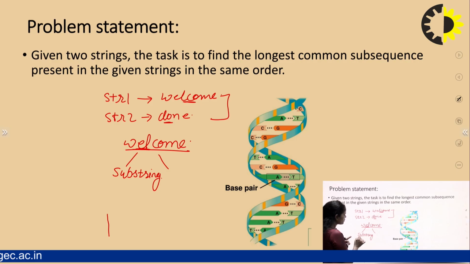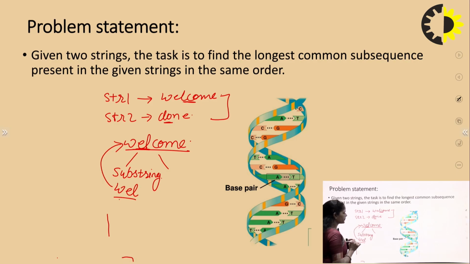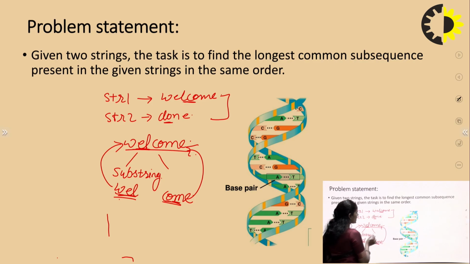For example, well is a substring of welcome, and come is also a substring of welcome. So this is the concept of substring, but here we are discussing subsequence.